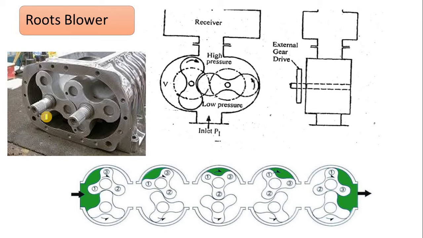In a root blower or lobe type rotary compressor, a minimum of two blades, that is two roots or lobes, are used, but up to a maximum of three lobes can be used for satisfactory operation, not more than three. So these are the main components, the roots, of the rotary compressor.